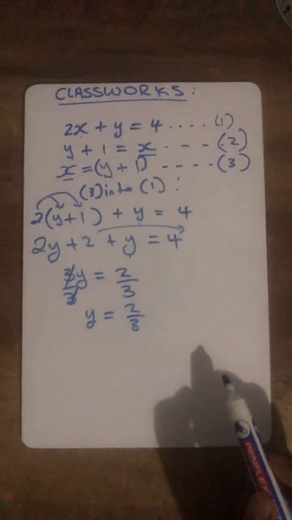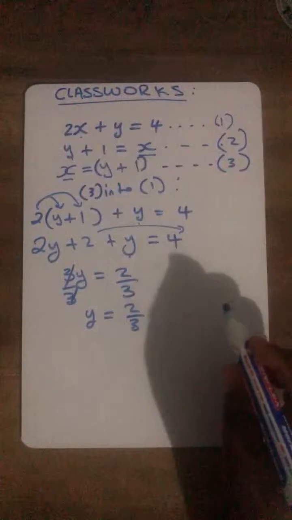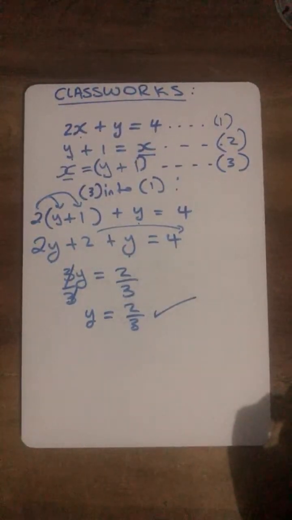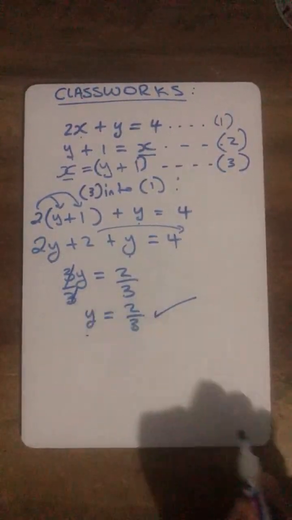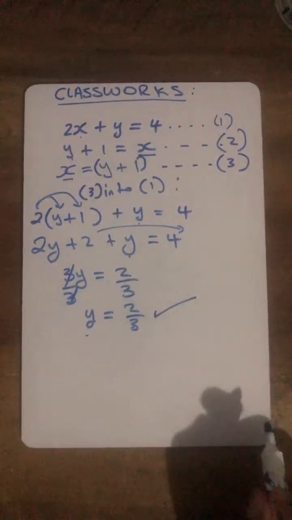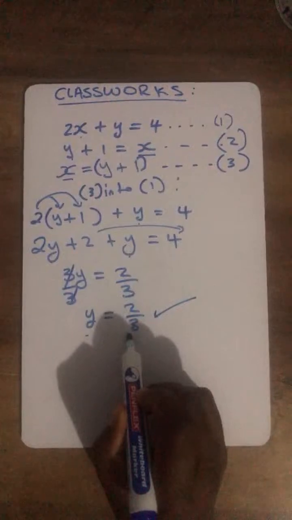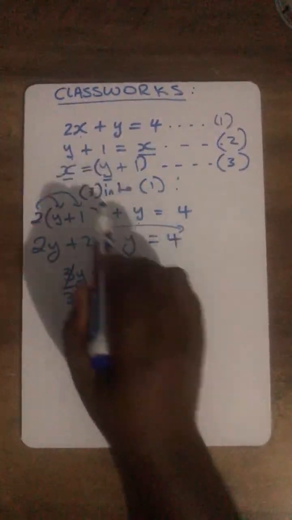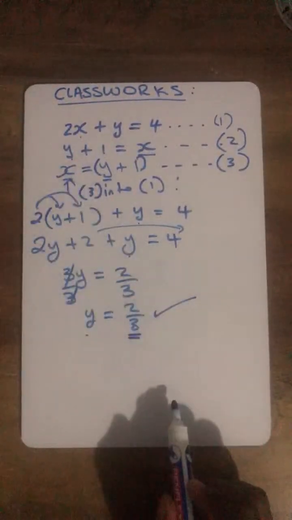So remember, what you just did was find y, but you still need to find x, because the question is solve for x and y simultaneously. So you're going to take this one and substitute it there, just so that you will be able to know the value of x.